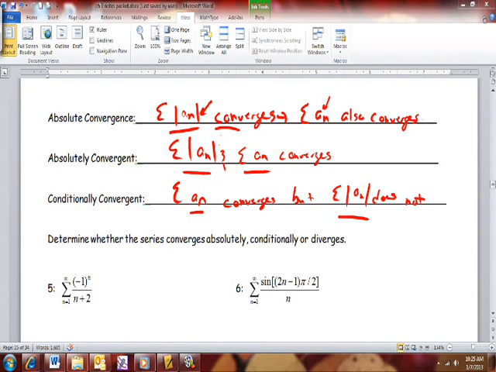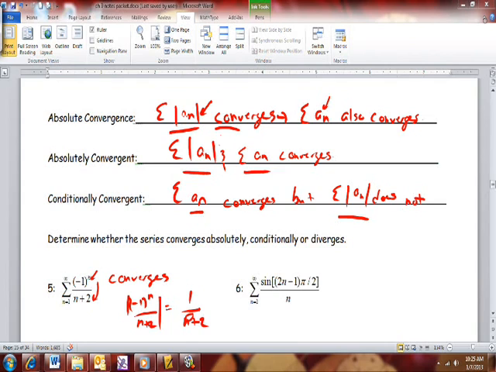And let's look at the first example and see what happens. So this normally is going to converge because it alternates and the limit goes to 0. So this converges, but let's look at the absolute value. The absolute value of negative 1 to the n over n plus 2, well, what's going to happen there is the negative 1 is going to go away, and I get 1 over n plus 2. Does that as a series converge?